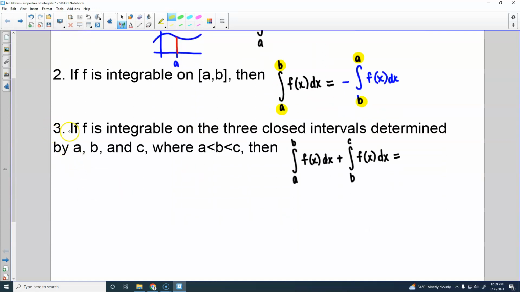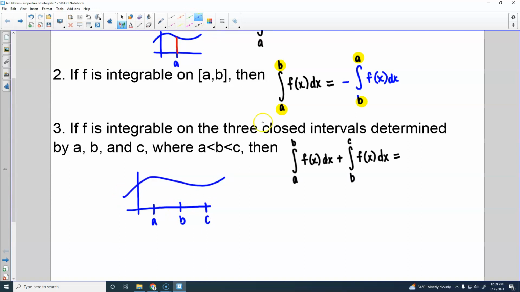So we'll have the opposite of what we get whenever we do it with the limits switched back. For 3, f is integrable on the closed interval determined by a, b, and c, where a is less than b, less than c. So what we're thinking about here as far as the graph goes is that on our x-axis our a is over here, our b is somewhere in between, and our c is to the right, and we've got some sort of graph here.